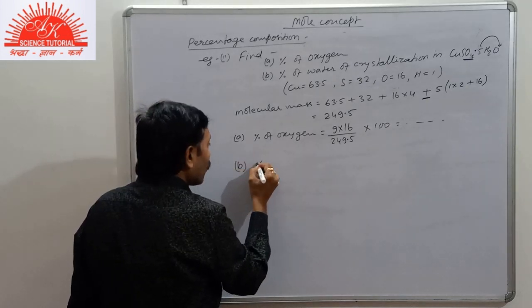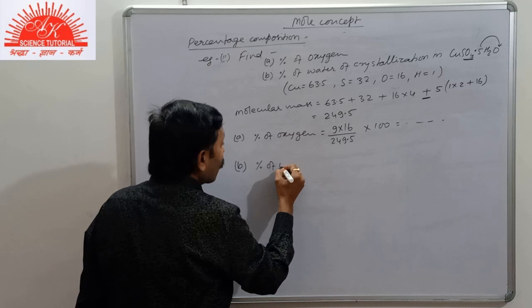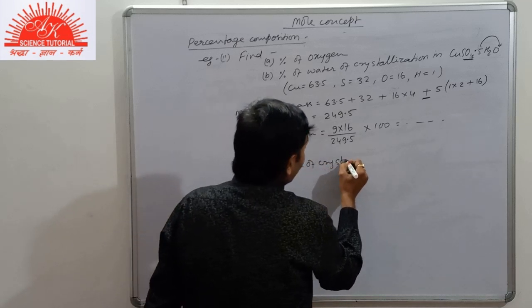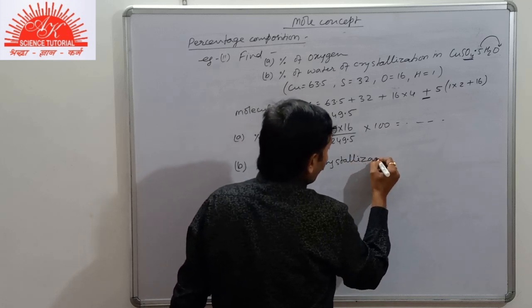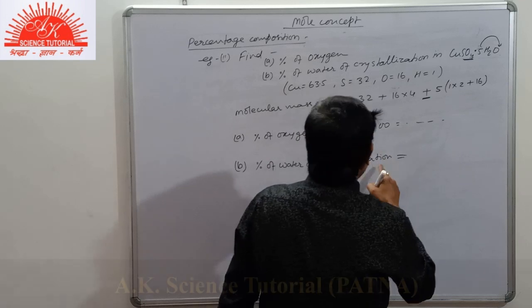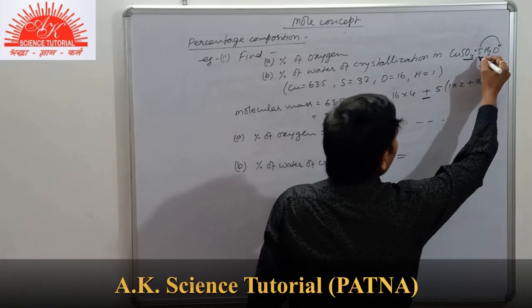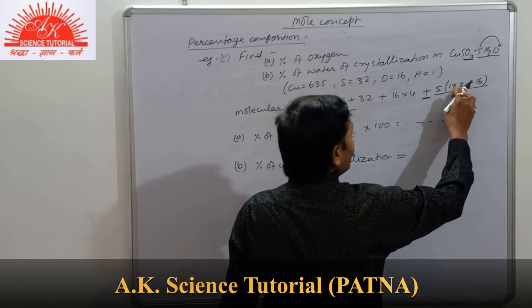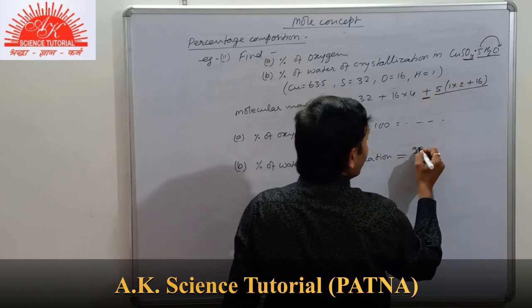Similarly, percentage of water of crystallization. Here you see the part, that is this part, here it is 16 plus 2, 18, into 5, that is 90.